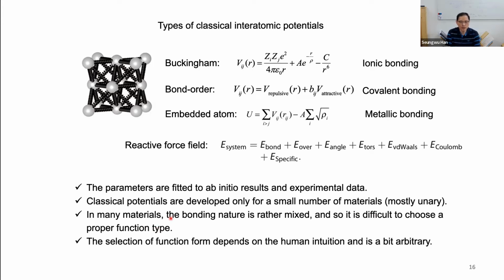And also the selection of the function types and parameterization actually depends on human intuition. And over the world, there are not many people who can actually develop such force fields. It is quite powerful, but it is very limited in dealing with diverse materials.